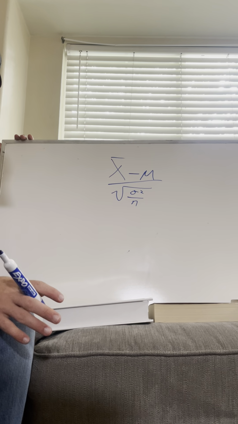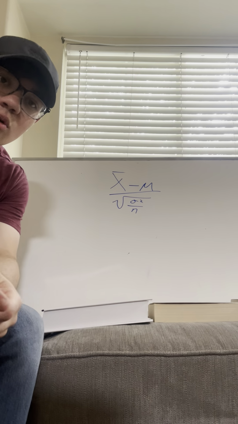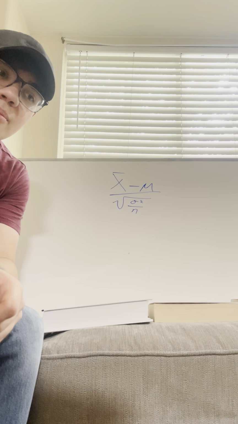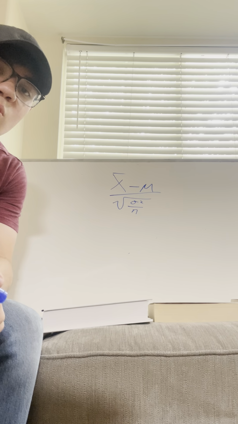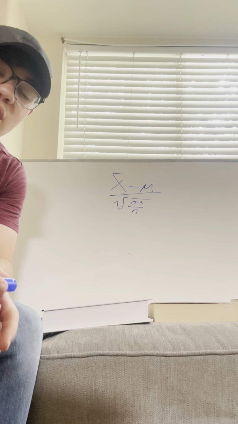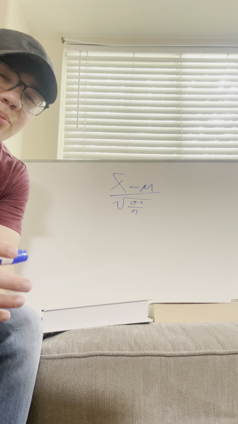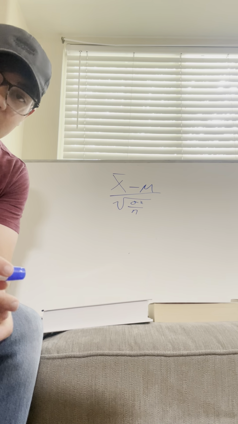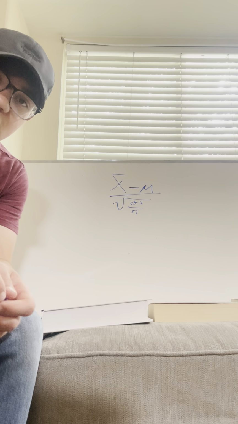It should be noted quickly right here that whether we use a z-score or a t-score is determined by whether or not we have the true variance of the population. If we only have a sample variance or a sample standard deviation, we'll use the t table, a t-score.